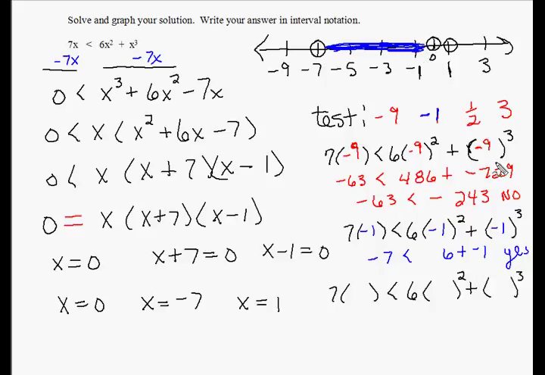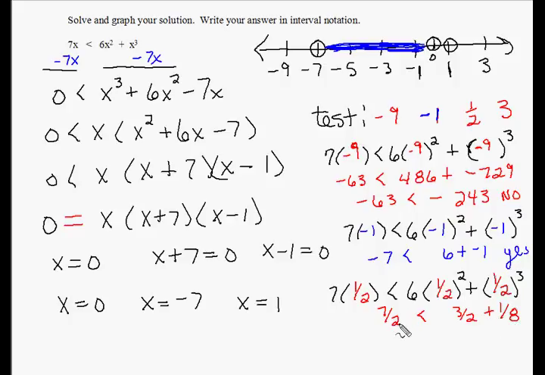This time I'll put the positive 1/2 into the original inequality and see what we come up with. You might want your calculators on this one. 7 times 1/2 is 7 halves. Is that less than 1/2 squared is 1/4 times 6 is 3 halves? And 1/2 raised to the third power is 1/8.